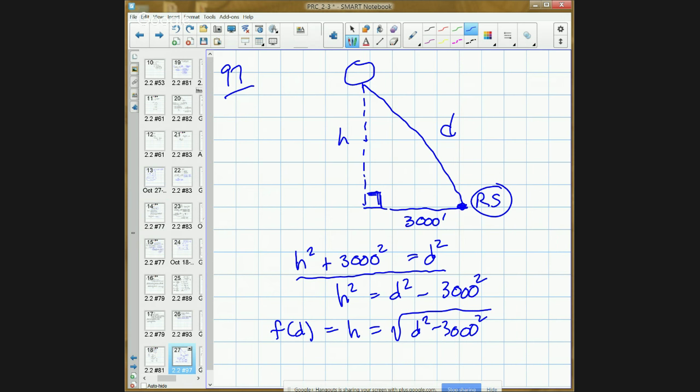And the whole idea was for you to find the height of the balloon as a function of D. So solve for H. So I subtracted 3,000 squared from both sides. And then to solve for H, took the square root. So there we go. F of D equals the square root of D squared minus, and I should have really figured this out, but you guys can do that, 3,000 squared. So that's number 97.